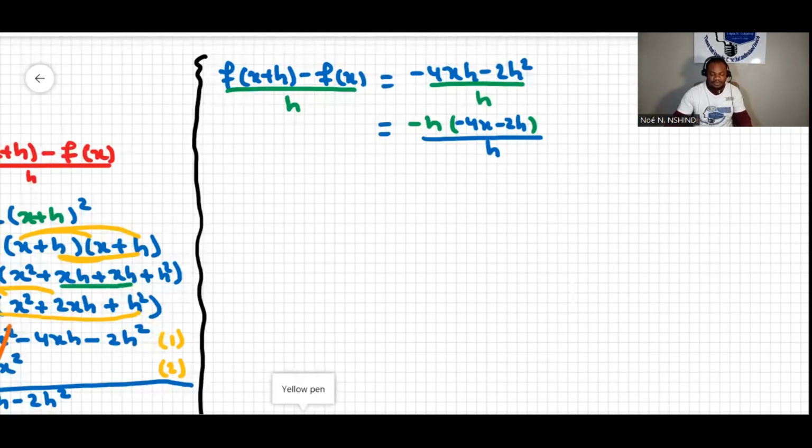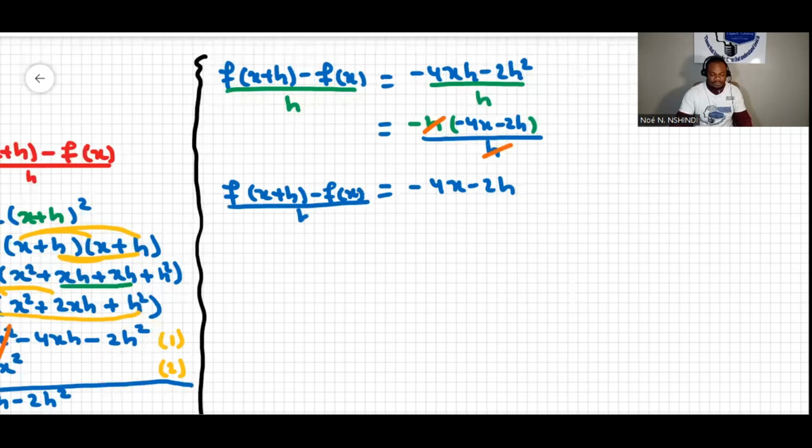Then we notice that we can simplify the h here, and we are left with negative 4x minus 2h. Now, this is the expression of f of x plus h minus f of x over h.